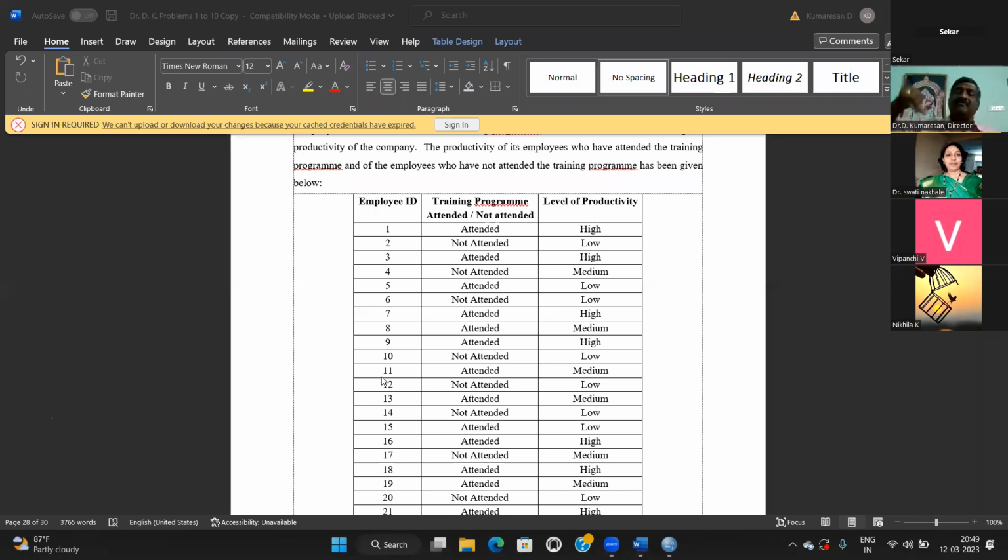Suppose the level of impact is measured as a score, it is scale data, then you have to go for parametric tests. If you collect the data as level of impact, high, medium, low, high, moderate, low, like that, then you have to apply chi-square test.